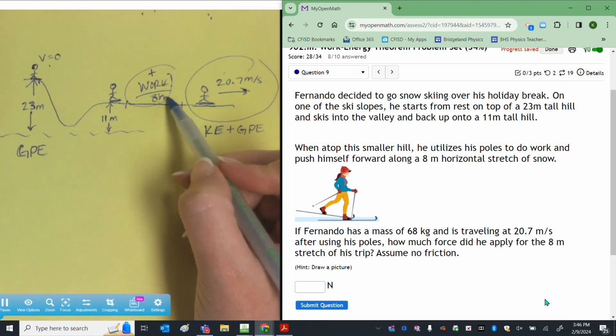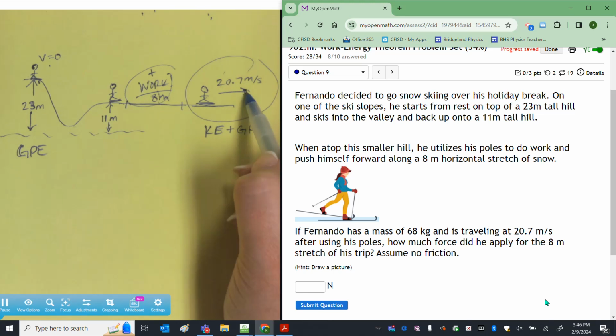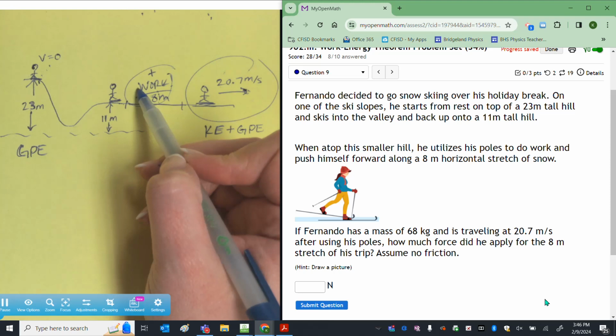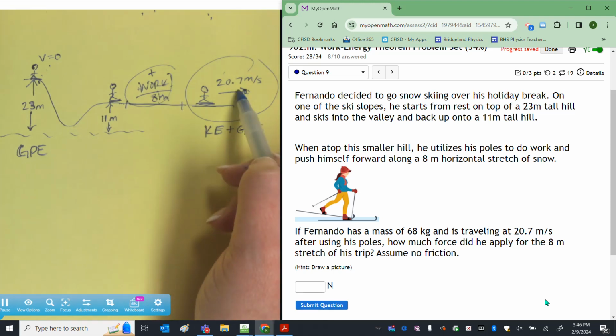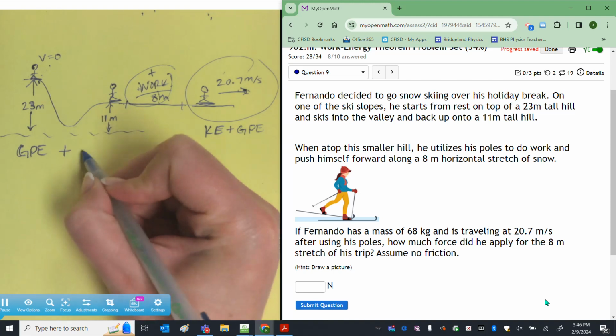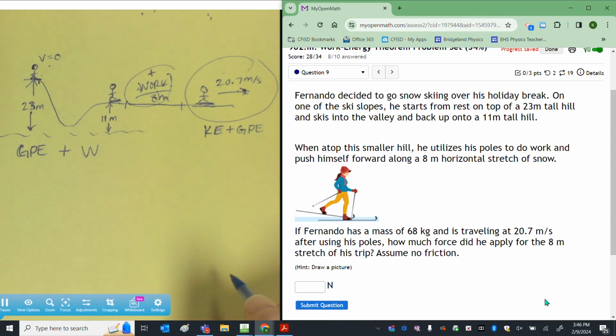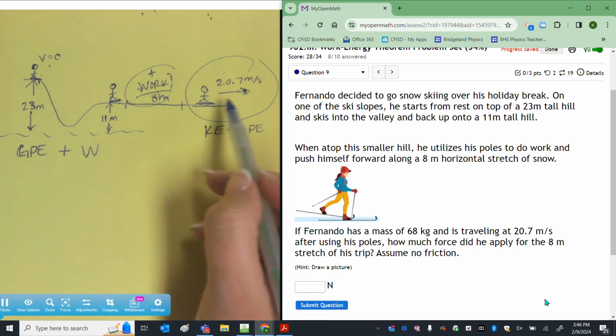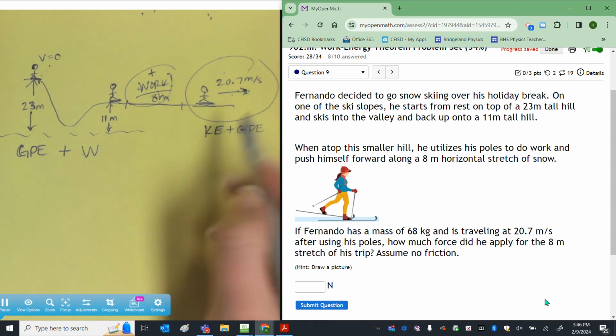This happens before this. So we have to say, hey, this energy he had up here plus this work that he did is how he ends up going this fast, because he shouldn't be that fast. It's only because he added work to the system in order to increase his speed here so he has more kinetic energy. So my equation looks like this.